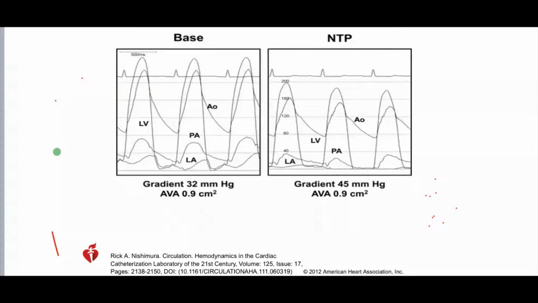In case of aortic stenosis and hypertension, the velocity is low, and the gradient is low.